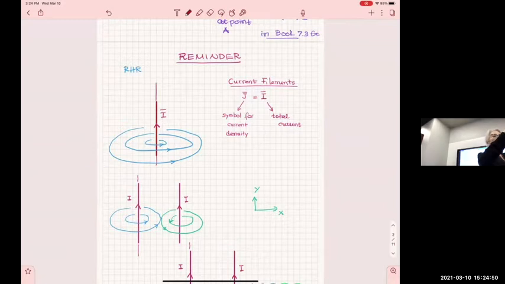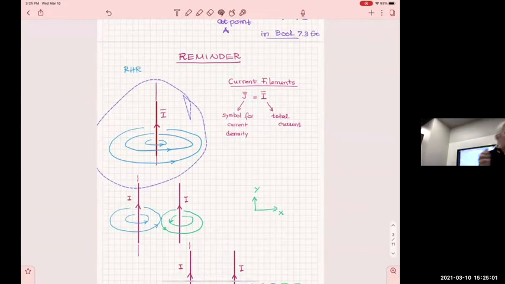If our current moves along my thumb, then the magnetic field is going to go how you see it here. There. Now, what happens if I take two of these wires? I did exactly as I did with loops. I got the same direction of the currents.